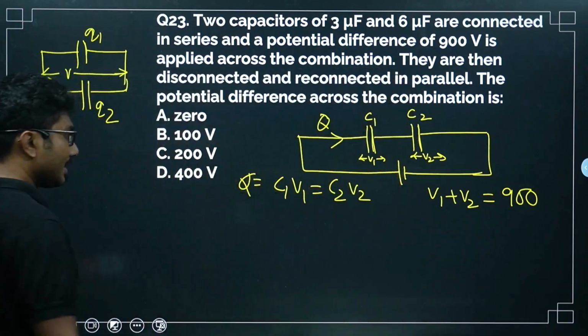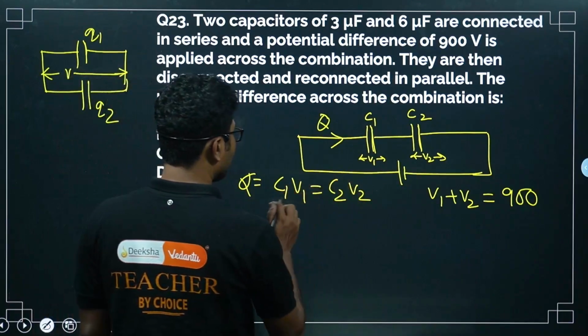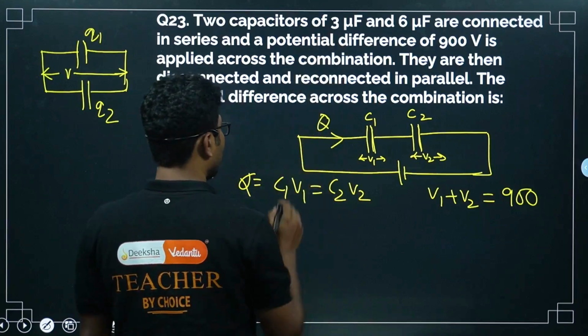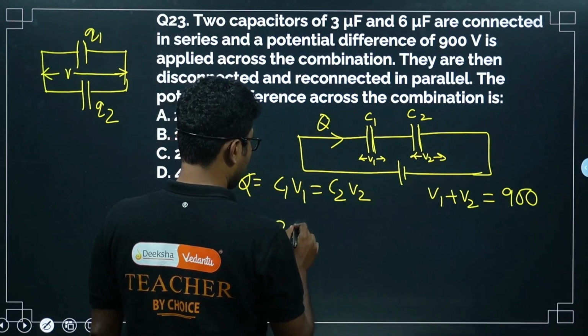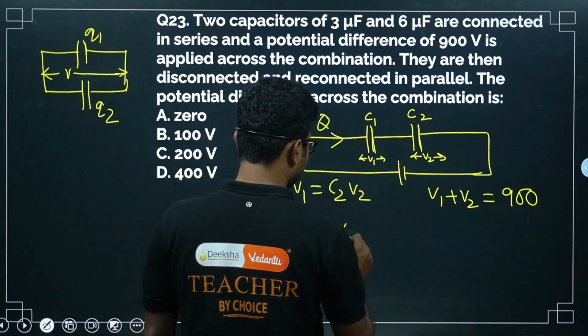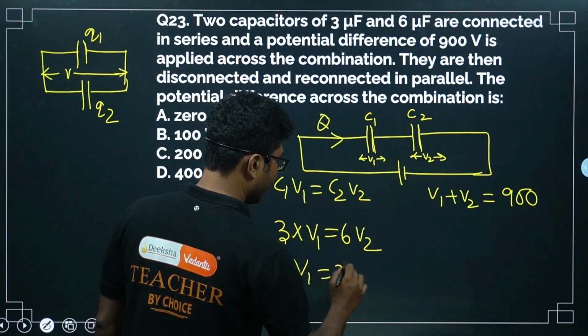So let's first start with finding the value of Q. C1 V1 is equal to C2 V2. Let's find the value of V1 and V2. C1 is 3 times V1, C2 is 6 times V2, so V1 equals 2V2.